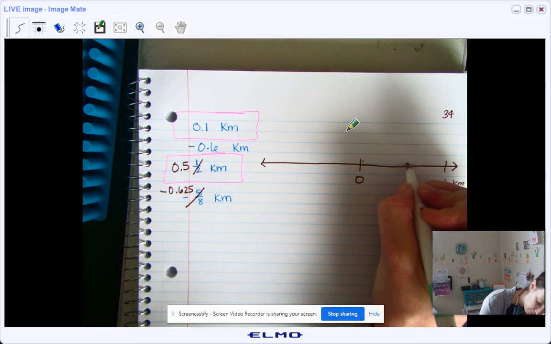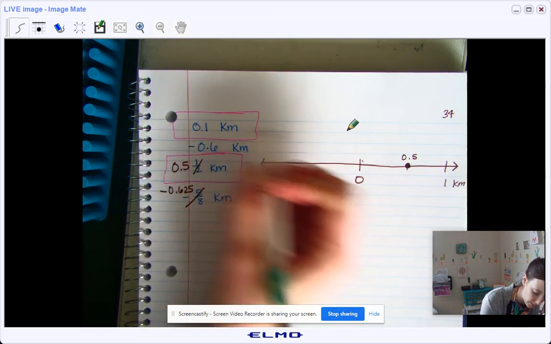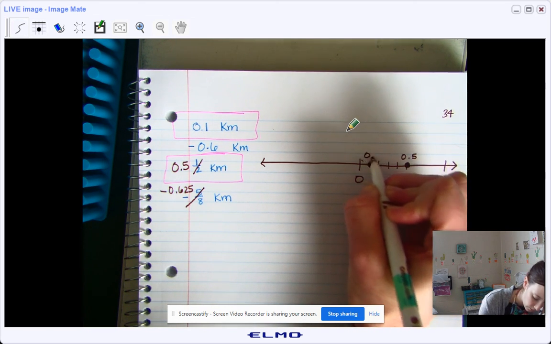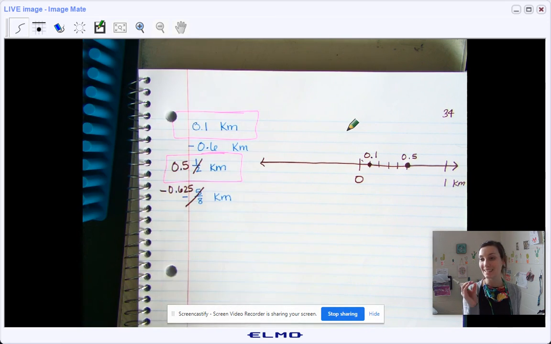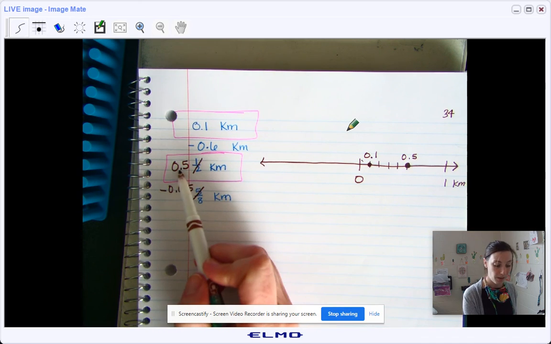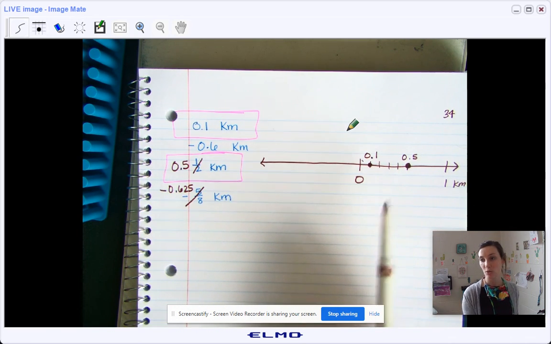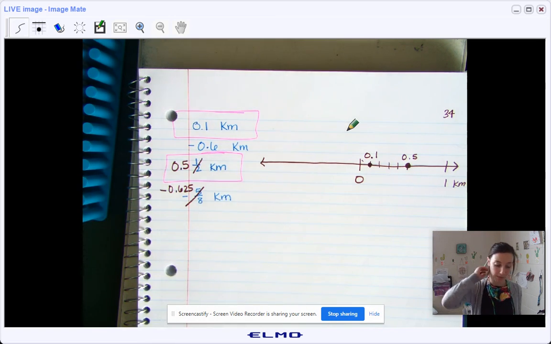We have somebody who's at 0.5, and we have somebody else who's at 0.1. 1, 2, 3, 4. This makes sense, right? Because 1/10 is less than 5/10. So 5/10 is further to the right. So of these two people, this one is higher above sea level, right?